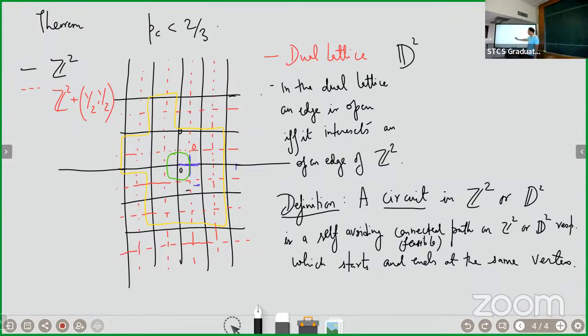So that's why I extended the x-axis, for a reason. Consider how many different possible locations a circuit can cross the x-axis when the circuit's length is n.